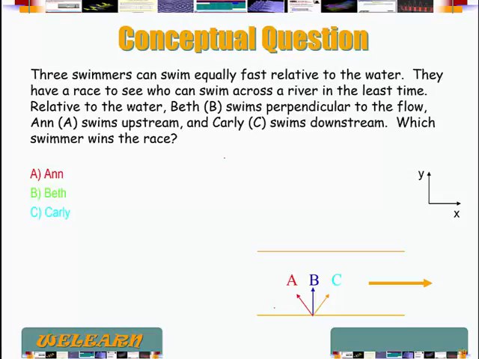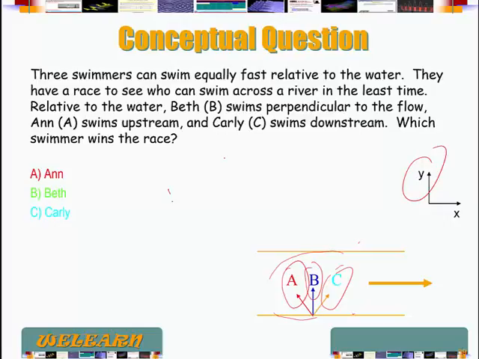So you notice here at the bottom we have the river and we have Carly here, Beth here, and Anne here. The question, which will arrive first? What's going to matter for crossing the river is the velocity perpendicular to the river, the velocity along the y-axis.